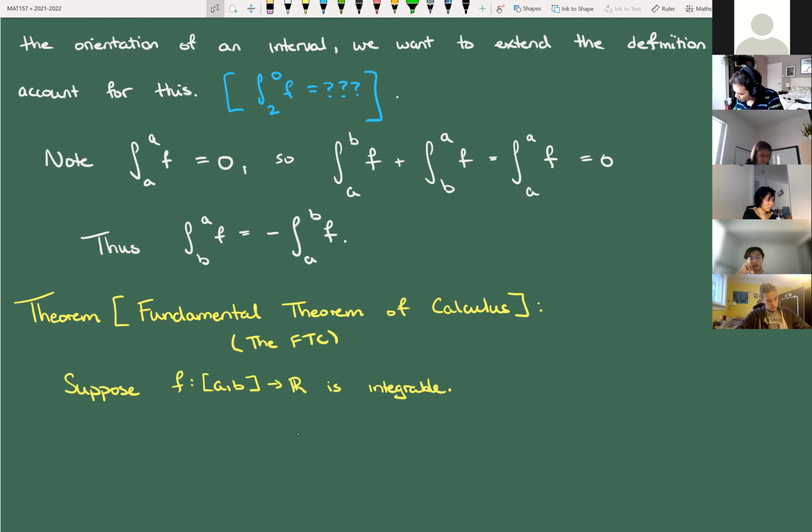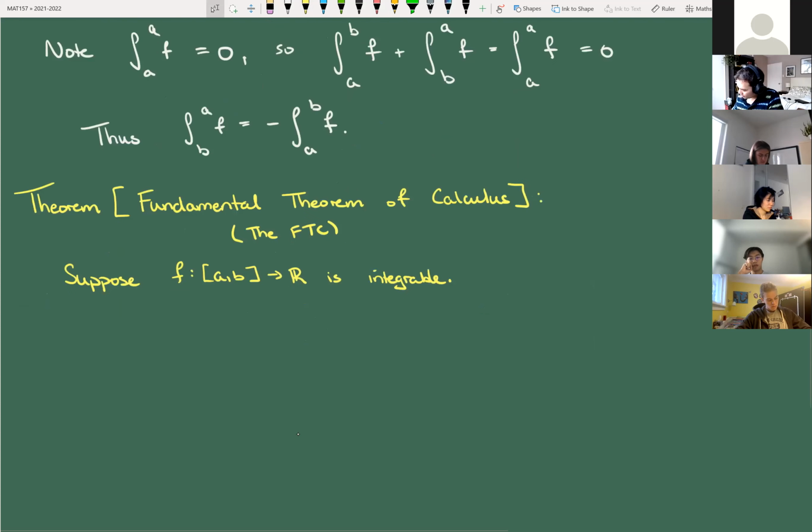Okay, now there are two parts to the FTC. Some people call them FTC1 and FTC2. There is in no way a universal agreement about which one is FTC1 and which one is FTC2. I'm going to tell you right now, though, my way is the right way, and I'm going to explain to you why.